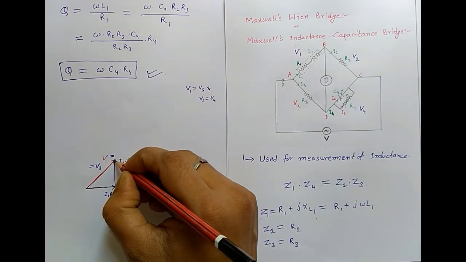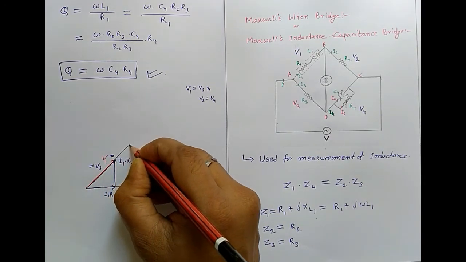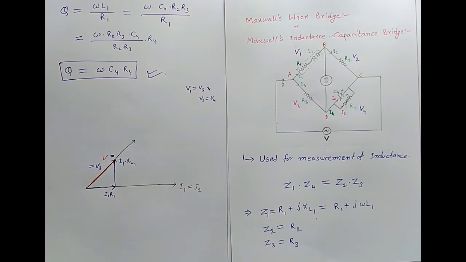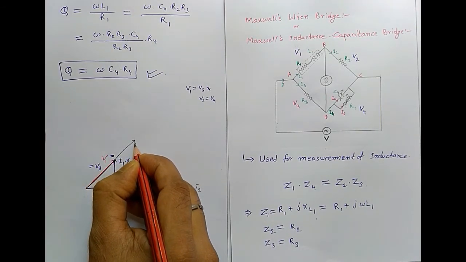That means the current flowing in this arm, let us assume that this is I3.